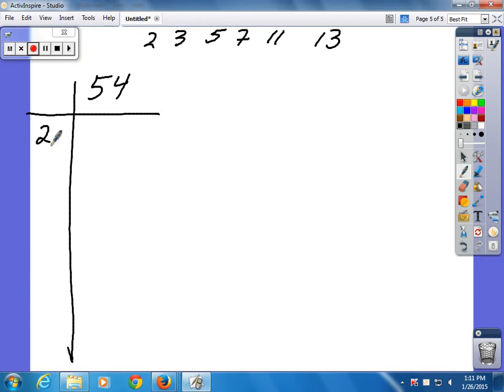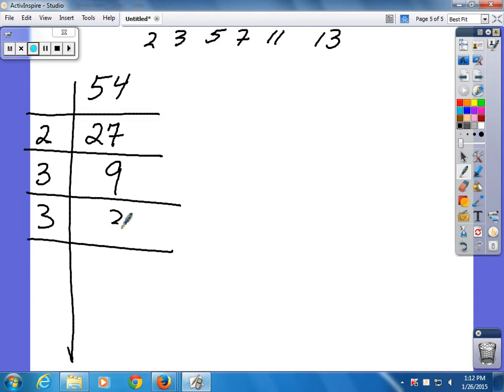So 2, 27. All right, 2 won't go into 27, but what will go into 27? 3. So you put a 3 on down there. Now what? 3. Now what? And you're done. Why? Because you got a 1.